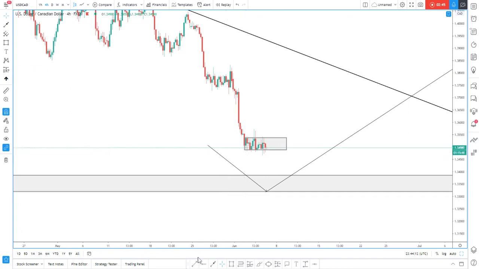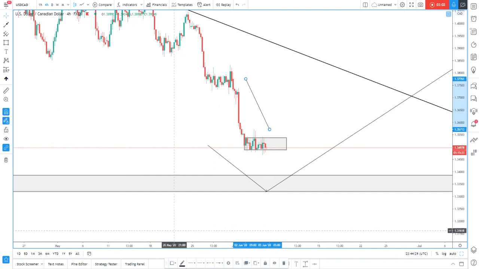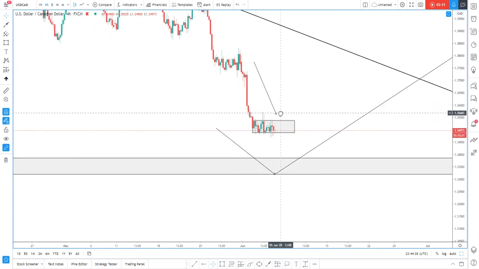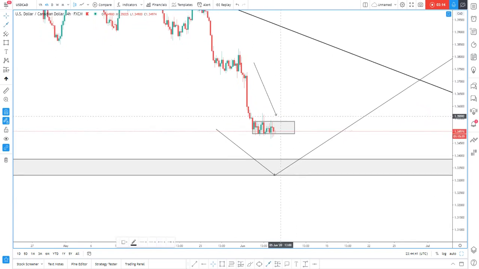So what would actually happen here is just something like this: an impulse to the downside, a correction to the upside, which is this correction, then another impulse to the downside.